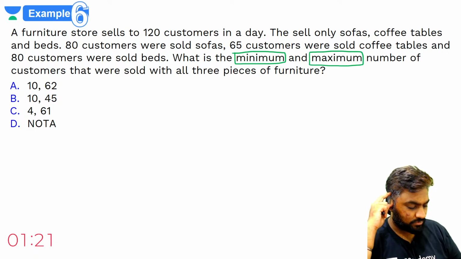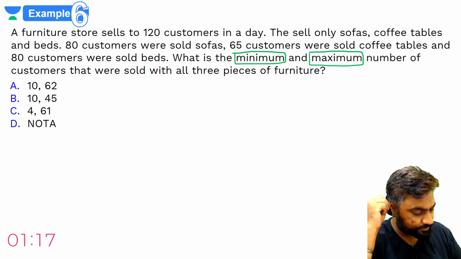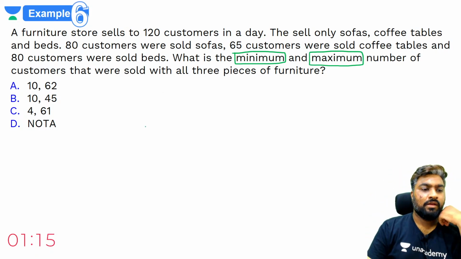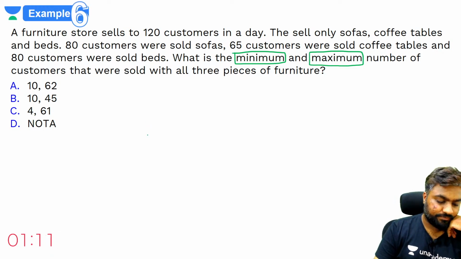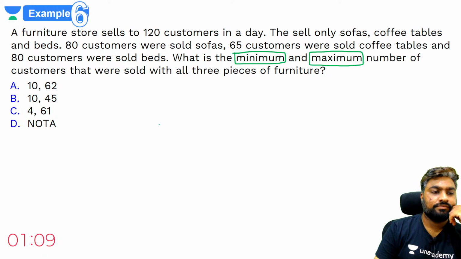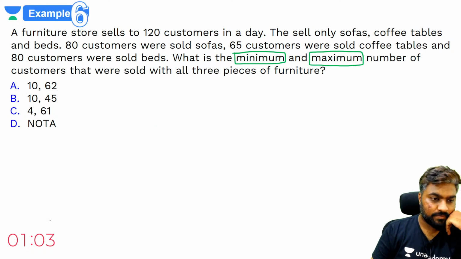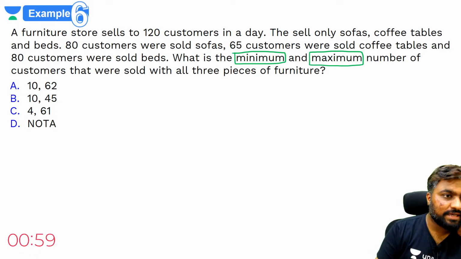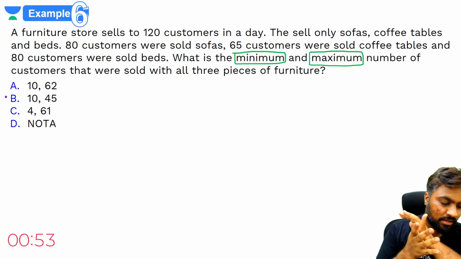A minute left, 1 minute. Okay, so we have answers coming in. Hitarth says B, 10 and 45. Minimum is 10, maximum is 45. Others?